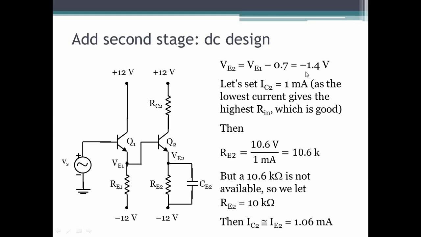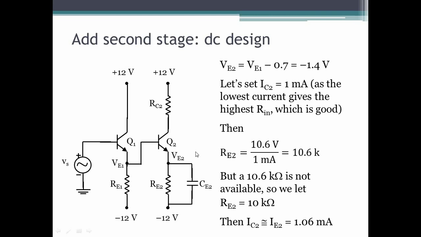We need to design the current. So let's set the current to be 1 milliamp. We can set it anywhere between 1 and 10, but we already saw that the lower current gives a higher Rin, and higher Rin is always better for a voltage amplifier. So we'll keep the current to 1 milliamp.